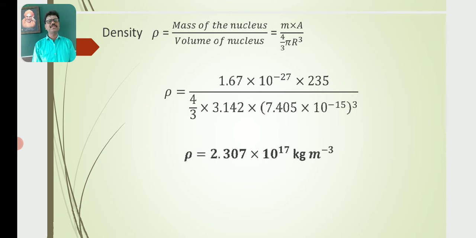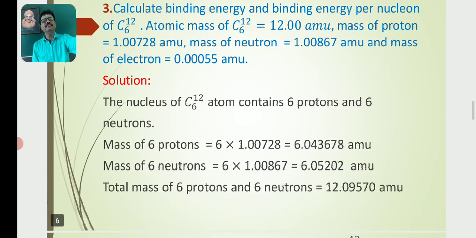Then density rho is equal to 1.67 into 10 to the power of minus 27 into 235 by 4 by 3 into 3.142 into 7.405 into 10 to the power of minus 15 whole cube. Then after simplification, we get the density of uranium rho equal to 2.307 into 10 to the power of 17 kg per meter cube. This is the density of the uranium nucleus.